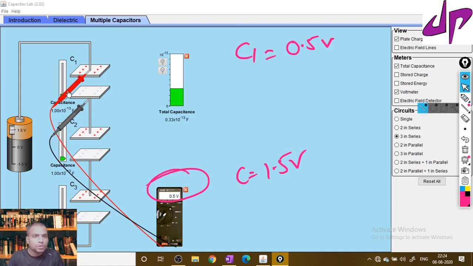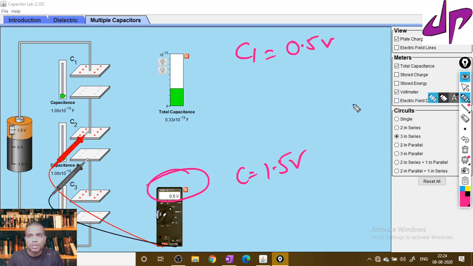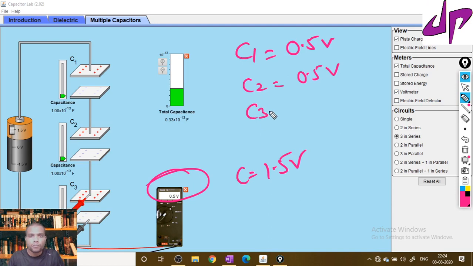Now what about C2? If we measure across the C2 plates, C2 is also showing 0.5 volt. And what about C3, the third capacitor? It is also 0.5 volt.